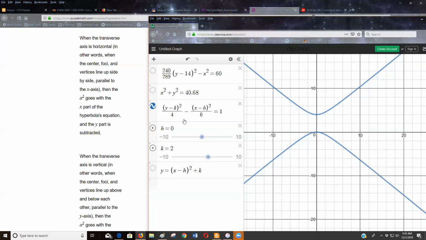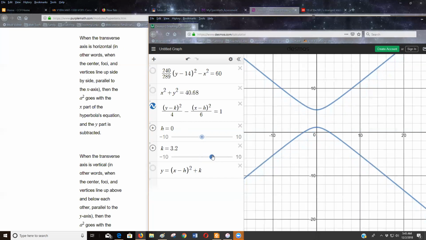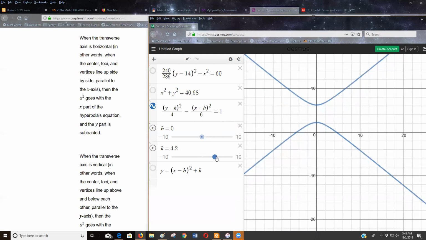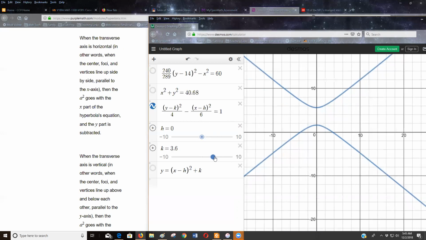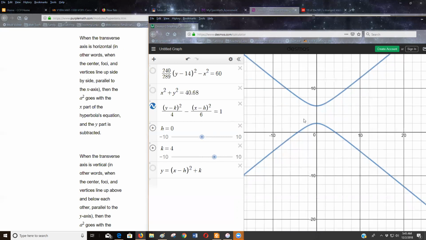If I make this 3, see how this is y minus 3, and that's the center of that hyperbola. If I do 4, see how the center of that hyperbola is the line y equals 4, so 0, 4 is the center.